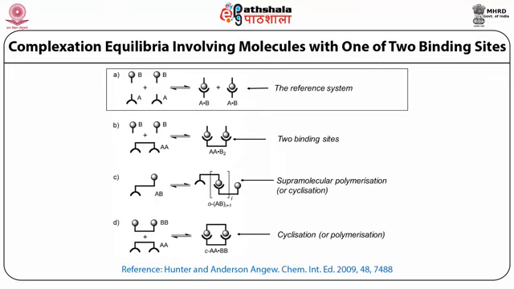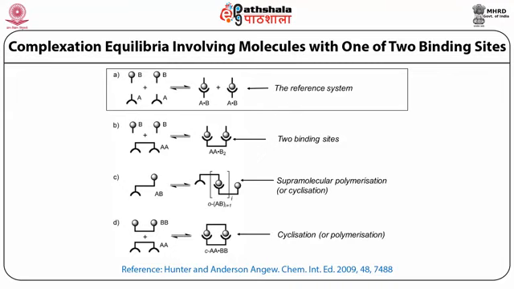At a particular concentration, these AB molecules can form intermolecular non-covalent complexes, and eventually give rise to supramolecular polymerization. However, in this case, there can also be cyclization, when the complementary ligand and receptor bind to each other one to one, and form a cyclized product.